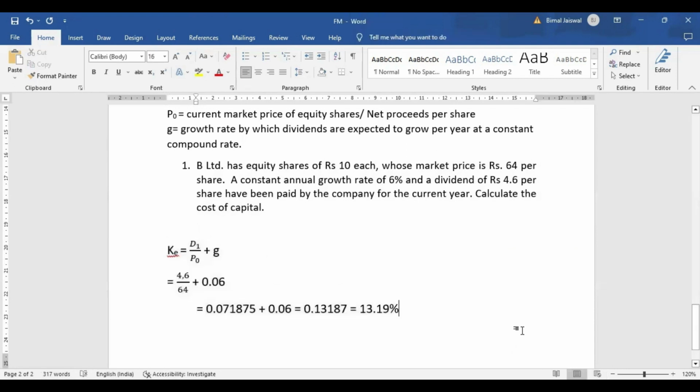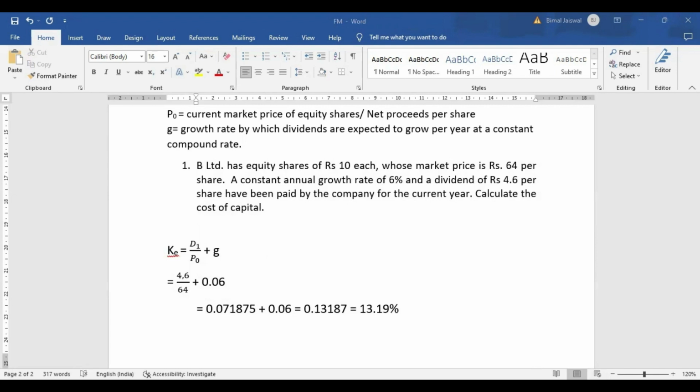KE is equal to D1 upon P0 plus G. D1 is given as 4.6 upon 64 plus the growth rate, that is 6%. And if you solve, it will come to 13.19%. The simple equation that we can say.